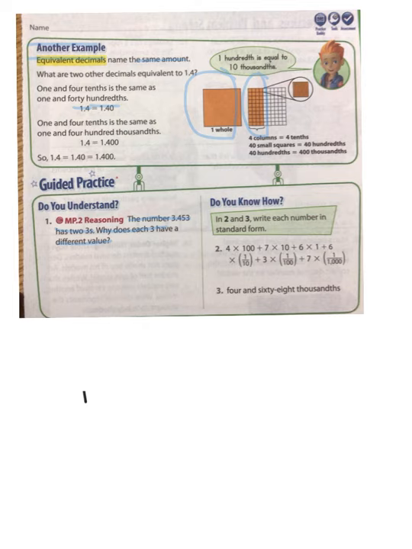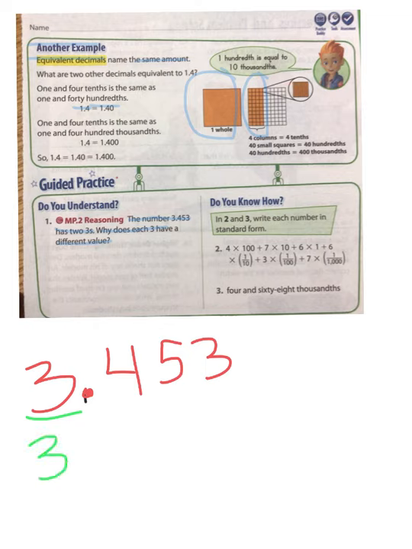Okay, so if we are going to write 3 and 453 thousandths and evaluate the 3s, I'm just going to write it bigger over here. So we have 3 and, I'll use that as a decimal, 453 thousandths. Well, this 3 right here is worth 3 wholes, so it's just worth the number 3.